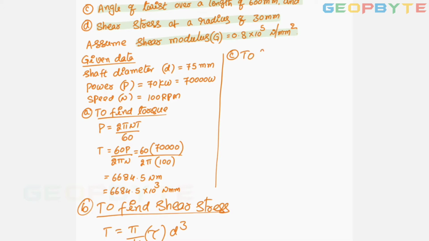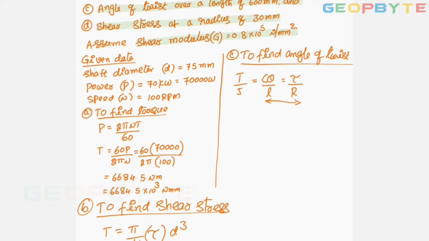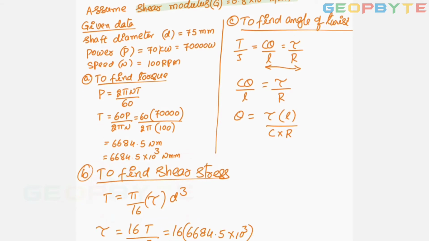To find the angle of twist, T by J equals C theta by L equals tau by R. Take this relation: C theta by L equals tau by R. From this, angle of twist equals tau into L by C into radius of the shaft.